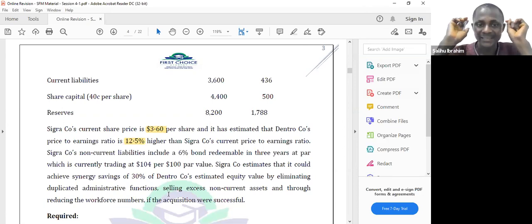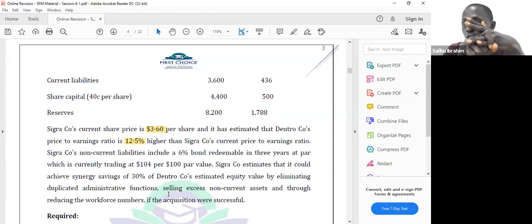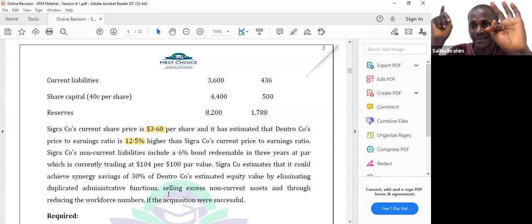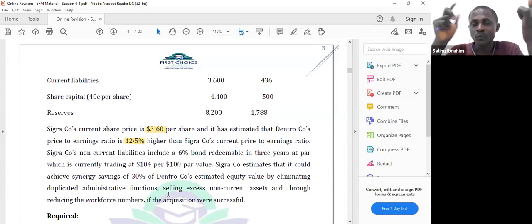Now, that means for the present market value of Dentroco, which is the pre-acquisition market price, I will compute 30% of it. That is the additional benefit Sigraco is looking at. So I will add it to the pre-acquisition market price of Dentroco and the pre-acquisition market price of Sigraco, making three items I'm going to add together.